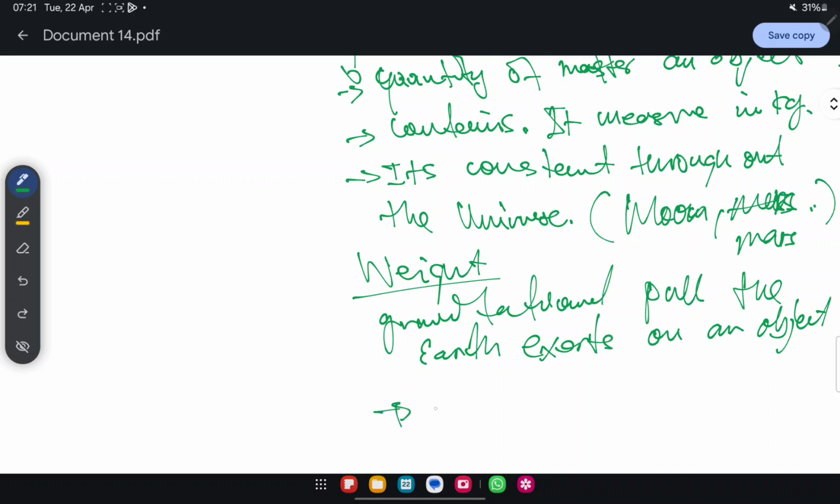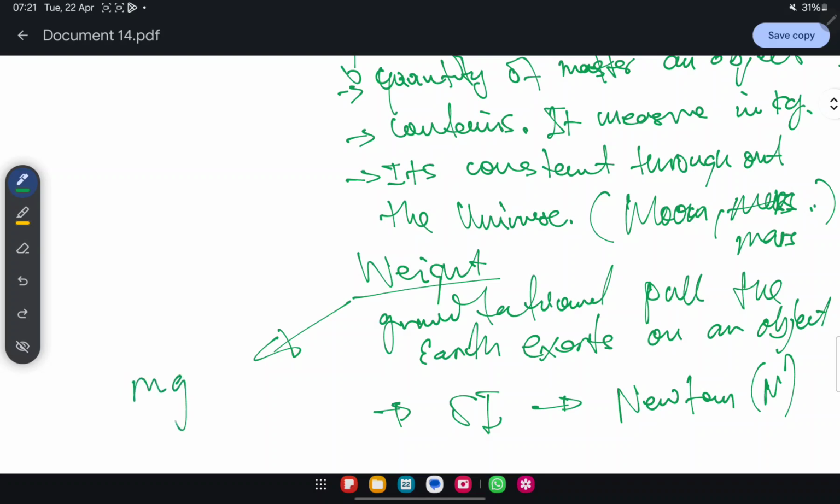Its SI unit is Newton. So that's the difference between mass and weight. And weight is calculated most of the time as mass times the gravitational acceleration.